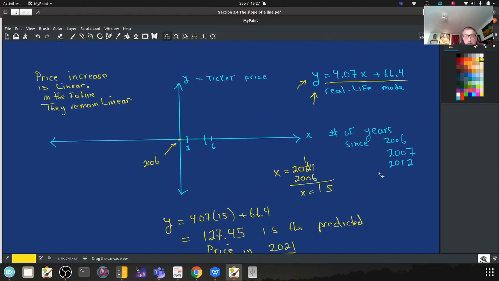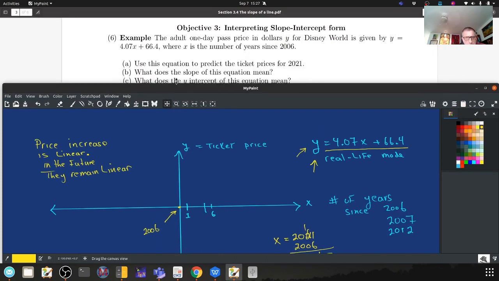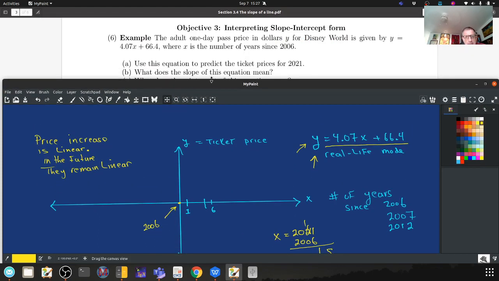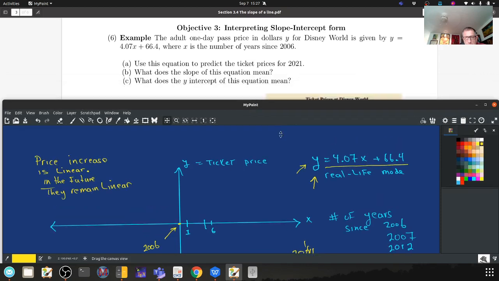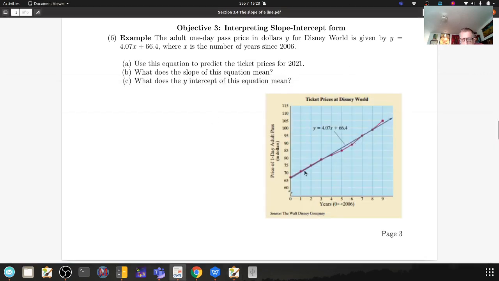So there you go. We answered question 1. Question 2. What does the slope of the equation mean? In this case, if we were to look at the actual line drawn, these are the data points. Hopefully some of you will take statistics, and this is called a best fit linear regression model.